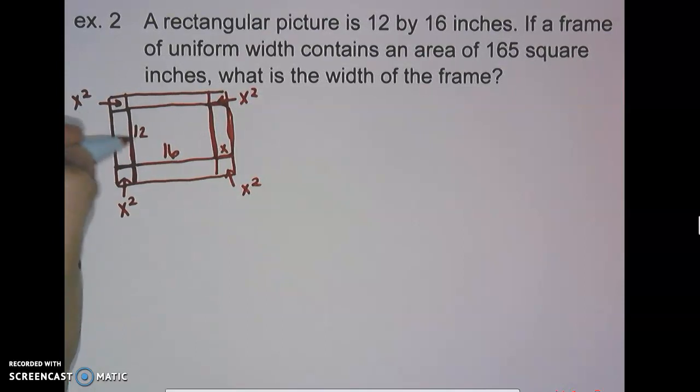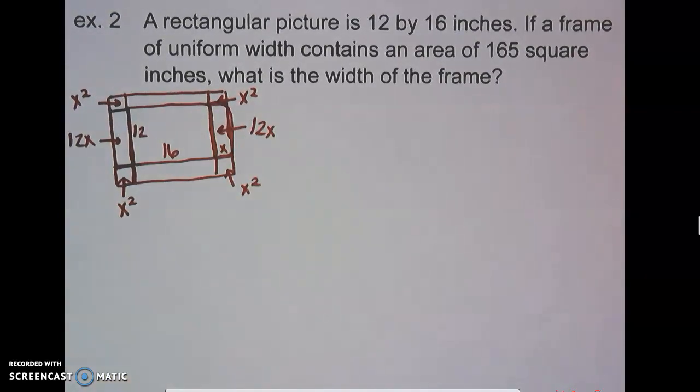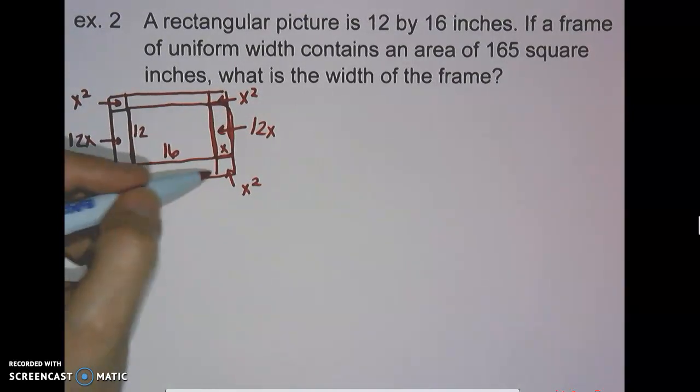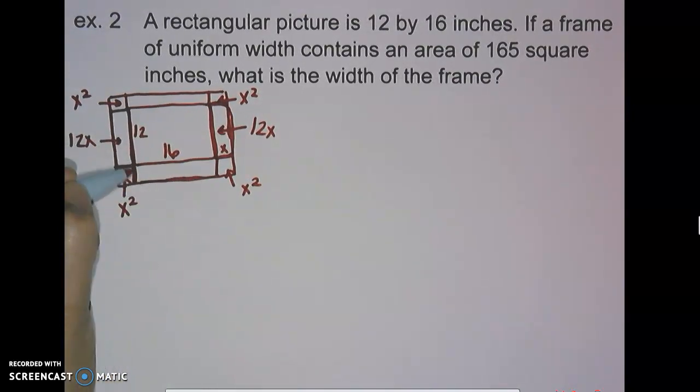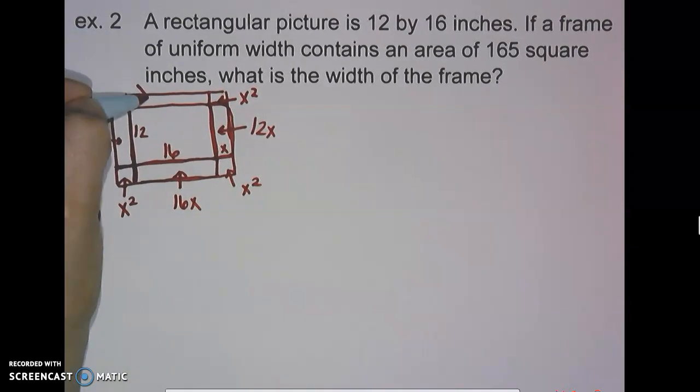The area of one of those would be 12 times x, so that's 12x, and that's going to be the same area on the right hand side as well. For the top and bottom rectangles, those have the same area. That's going to be 16 times x, or 16x, and that's also 16x there.